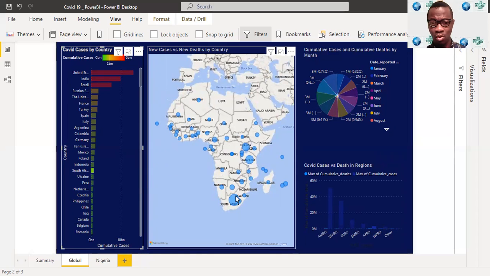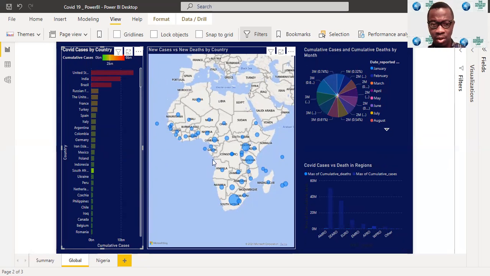The African countries which have been impacted, we can see that the cases are minute. If we look at this chart here, you can see that the cases are minute, and only South Africa is in the top here. But even to get South Africa, you have to count 1, 2, 3, 4, 5, 6, 7, 8, 9, 10, 11, 12, 13, 14, 15, 16, 17. So 17.